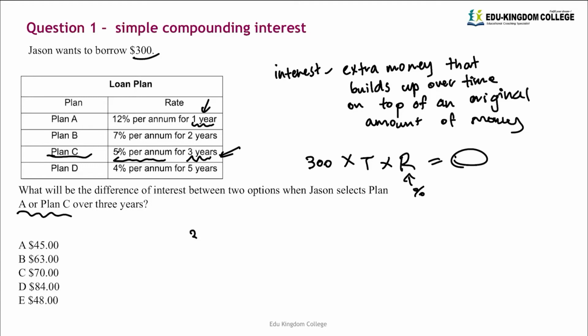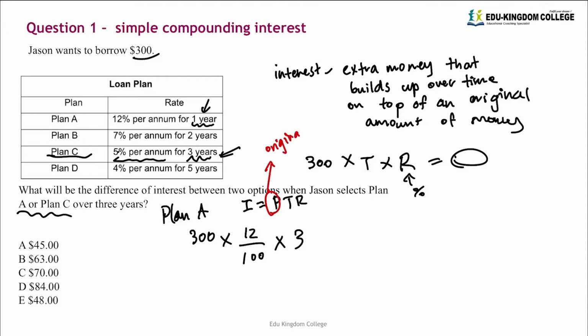Okay, but you guys just need to understand that for $300 spent, there's 12% per annum, and this is for plan A. There's 12% per annum per year, in other words, for how many years? 3 years. And the formula we follow is I, interest, equals P times time times R. Okay, where P is the original sum of money that is on loan or given out.